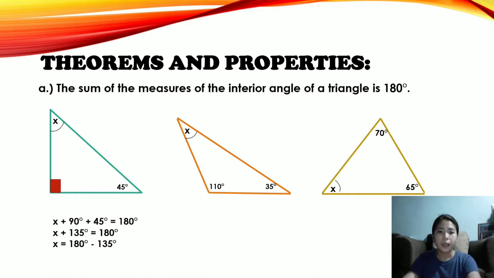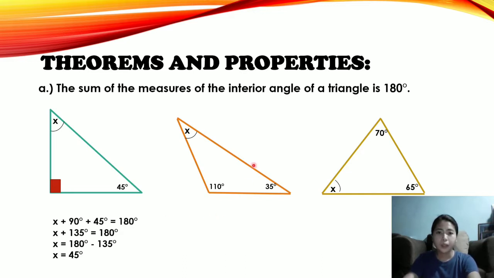Then x is equal to 180 degrees minus 135 degrees. We apply the subtraction property of equality: we subtract 135 on the left and also 135 degrees on the right. So x is equal to 45 degrees. Therefore, 45 degrees plus 90 degrees plus 45 degrees is equal to 180 degrees.